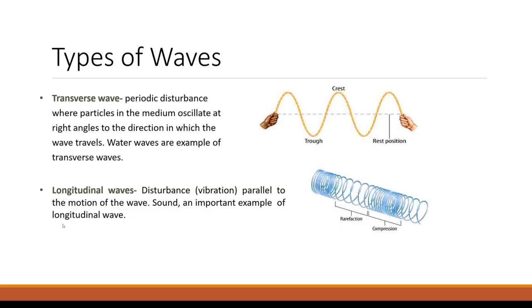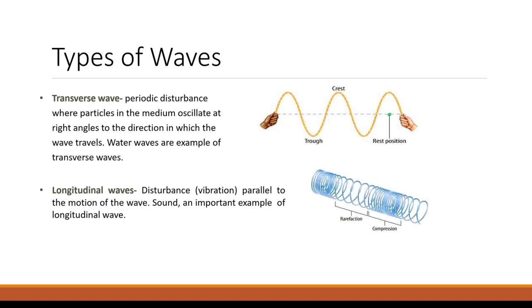There are 2 types of waves we're going to be looking at. The first one is the transverse wave. This is a periodic disturbance where particles in the medium oscillate at right angles to the direction in which the wave travels. A big example of these are water waves. By that, what I mean is, when it's still, it's straight, right?